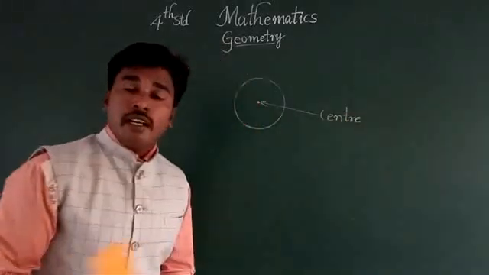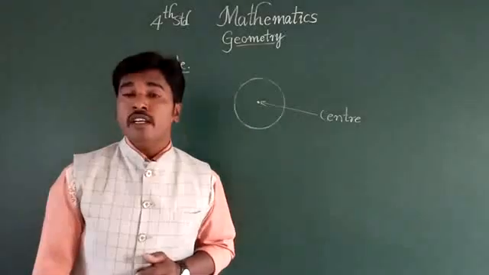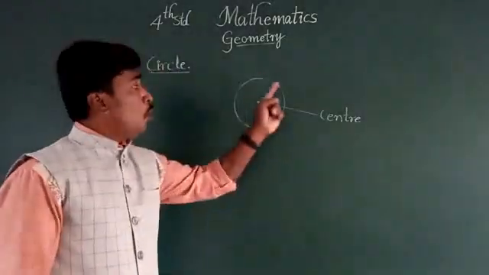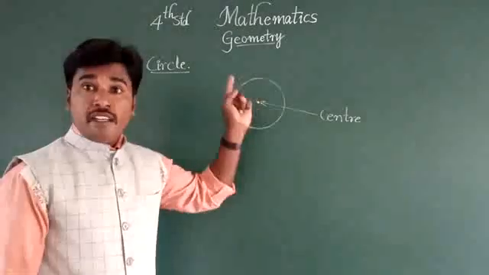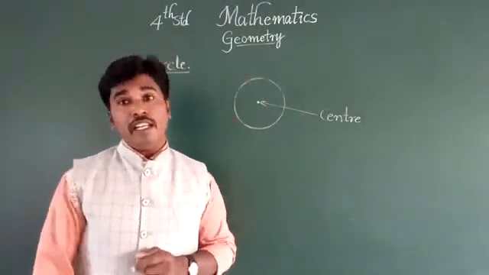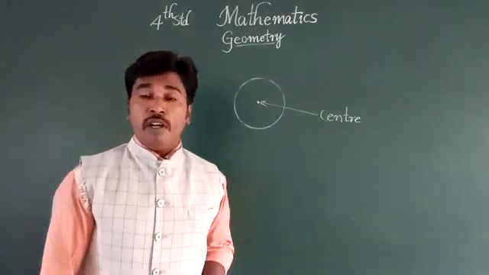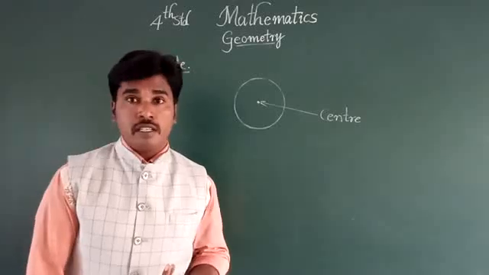The circle is nothing but a simple closed figure bounded by a closed curved line. It is bounded by a curved line. A circle has no sides and also no vertices. Vertices are nothing but corners.